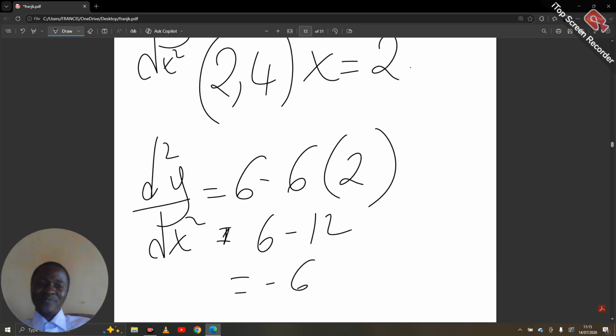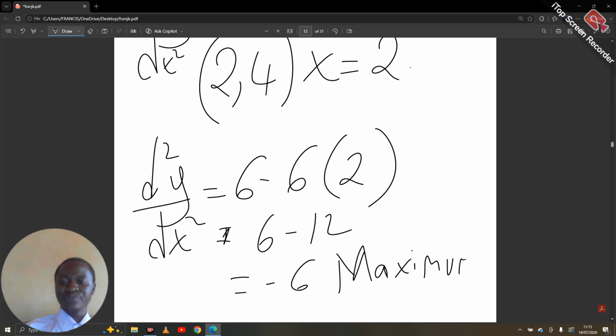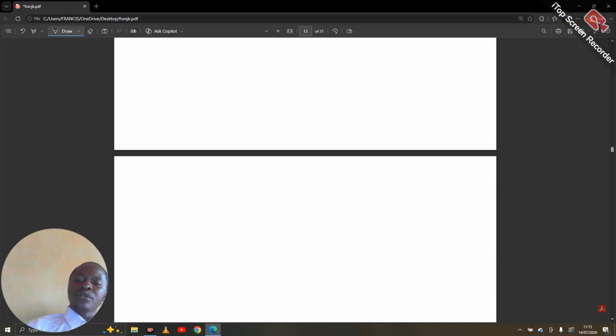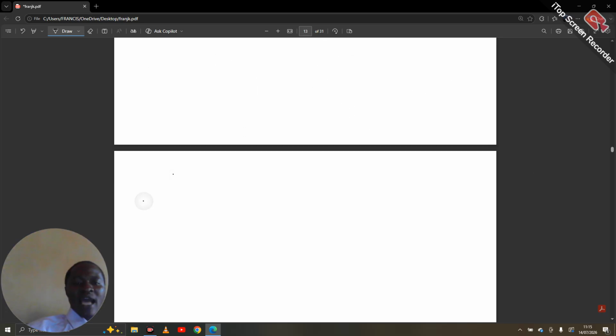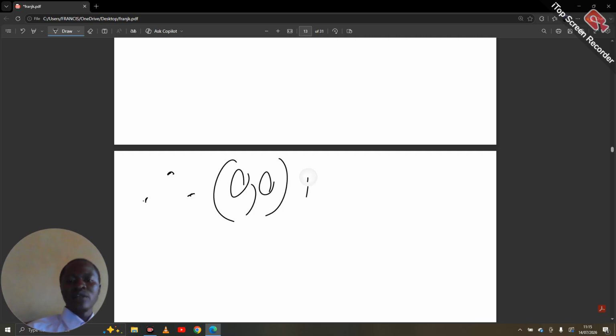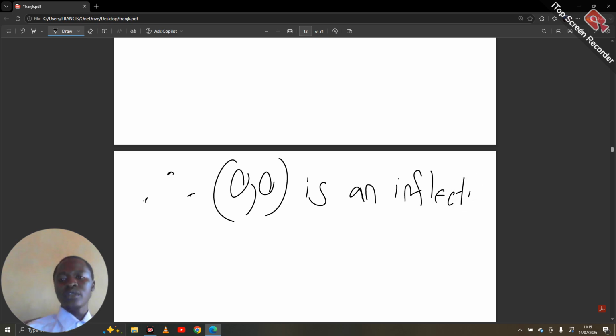And remember, negative refers to a maximum. So this one is maximum. Now when you're summarizing to your final answer, you say therefore, (0, 0) is an inflection.